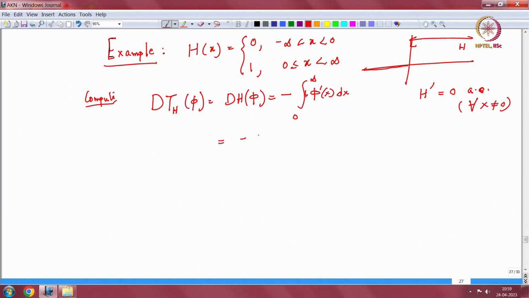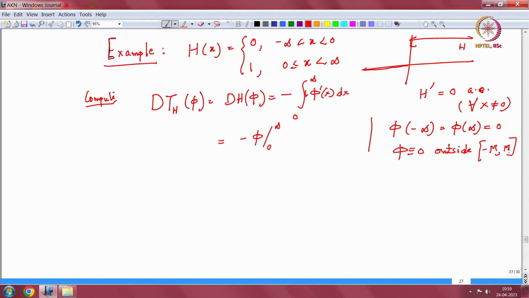minus phi evaluated from 0 to infinity, but you know that phi has compact support, and phi at infinity, I should not be writing this way, but basically phi is identically 0 outside a compact set, outside any finite interval, say outside minus m to m, because compact means it will have non-zero values only inside a compact interval.